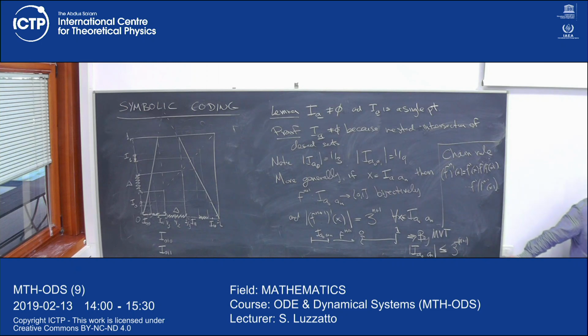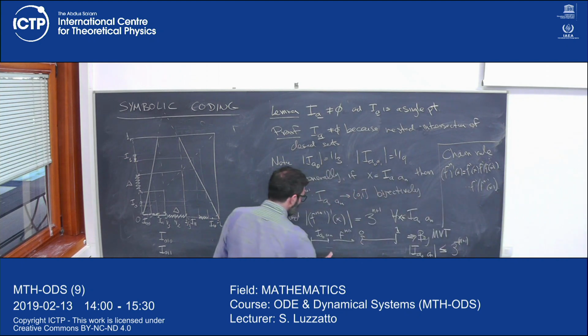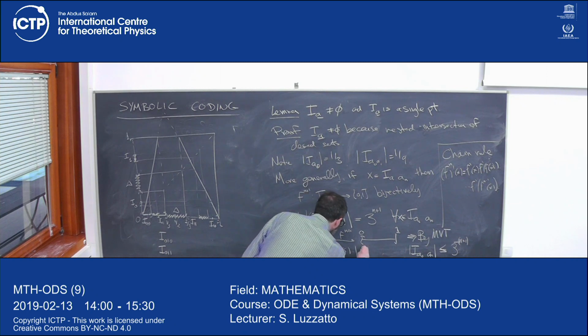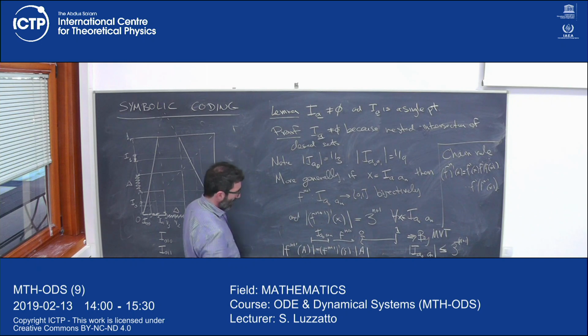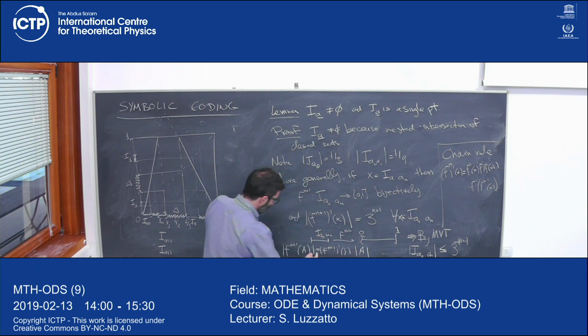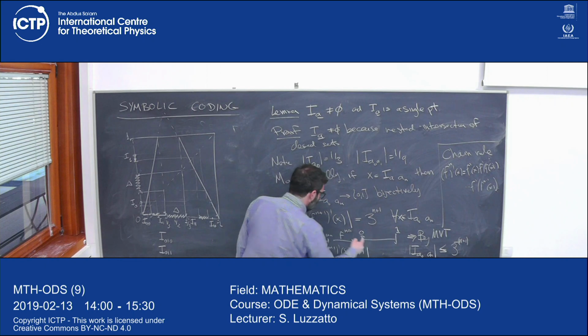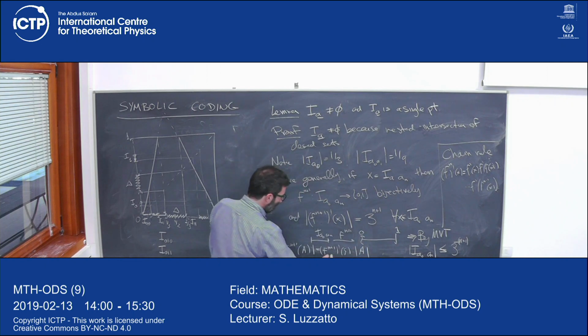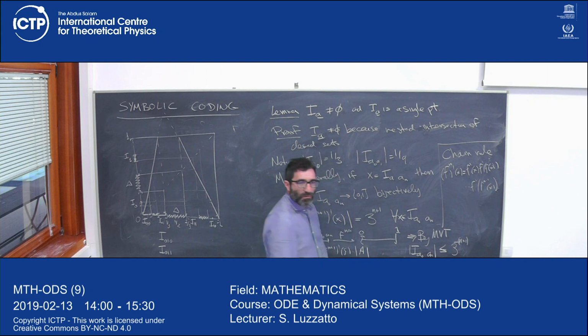Any questions? Are you okay with this? You understand how I'm using the mean value theorem here, right? The mean value theorem says that the length of the image of A under Fn plus 1 is equal to the derivative at some point times the length of A. So I'm just writing the length of A is equal to the length of the image, which in this particular case is 0, 1, divided by this derivative, which is 3 to the n plus 1.